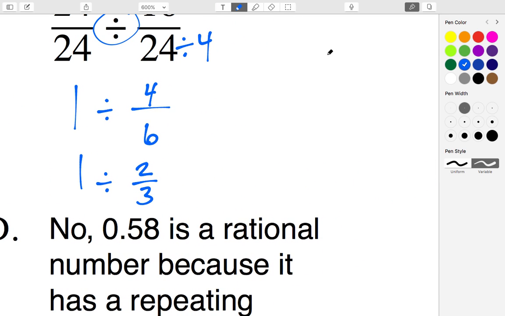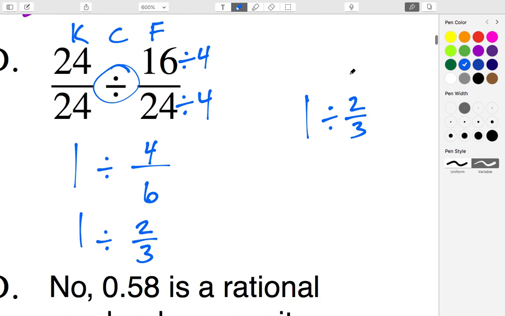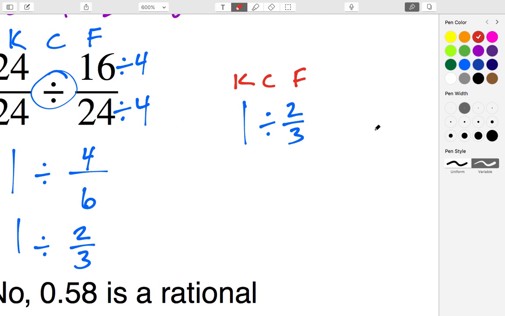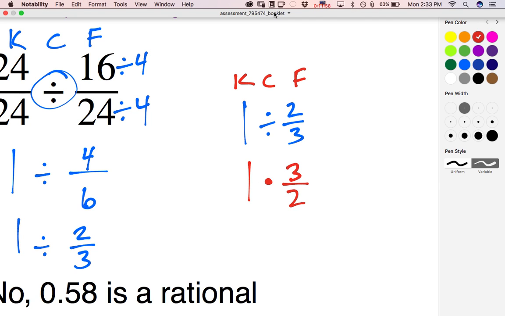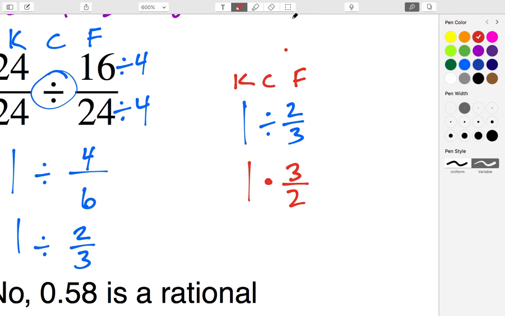And then we could do 1 divided by 2 over 3. So I'm going to write it over here because I ran out of room. And now we are ready to write keep, change, flip. When do we use keep, change, flip? Very good, when it's division. So we have 1, change division to? Very good. 2 over 3 is? 3 over 2. So this becomes 1 over 1. I'm going to erase this and change it as 1 over 1.